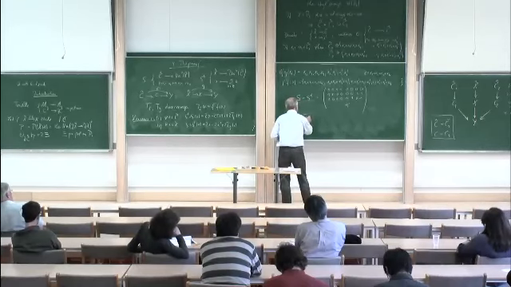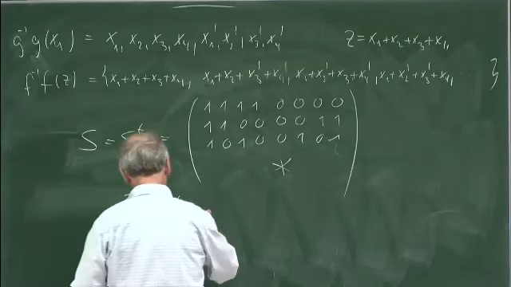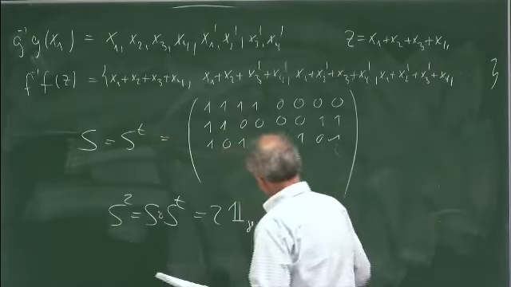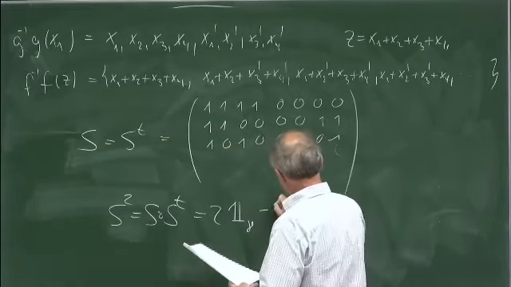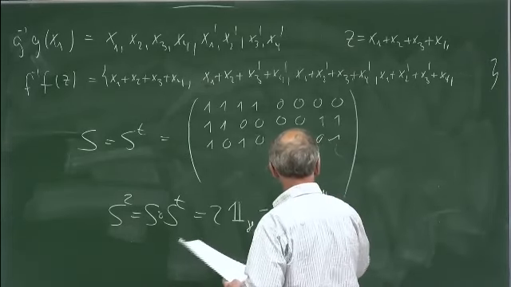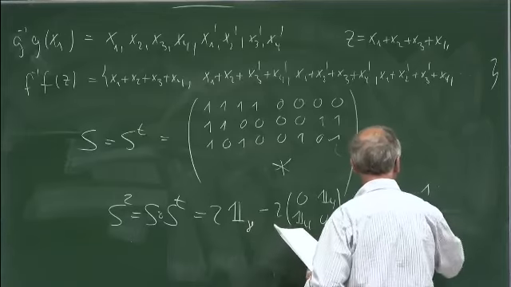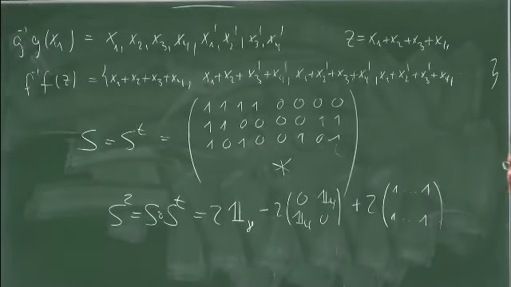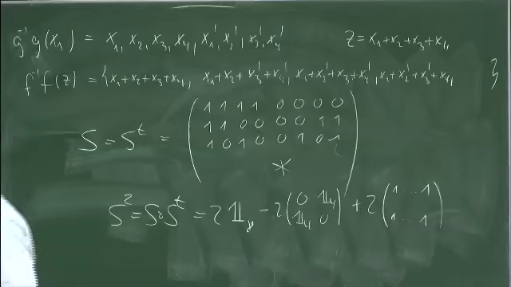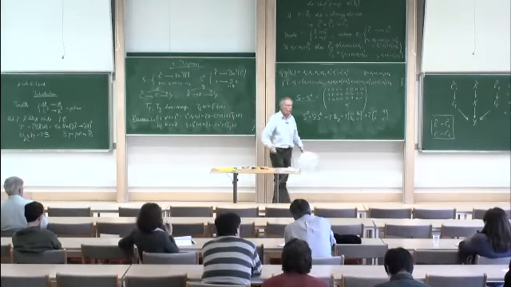Then this is just a matrix computation. Just show that the square of this, which is S transpose S, is equal to 2 times the identity matrix minus 2 times this matrix, plus 2 times the matrix which consists only of ones. Now this corresponds to the identity. This corresponds to sigma, which is the involution.